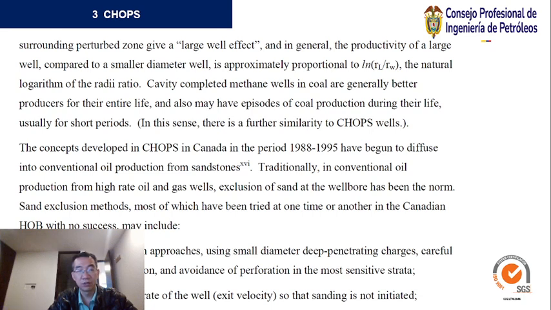Control of the flow rate of the well, so that sanding is not initiated.